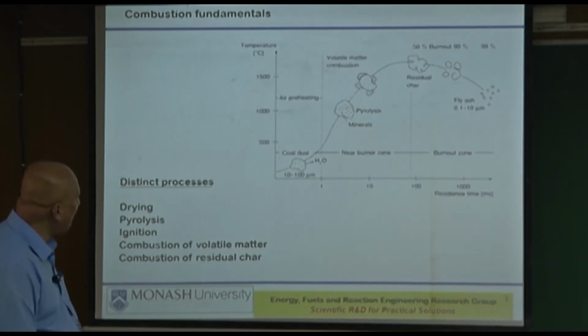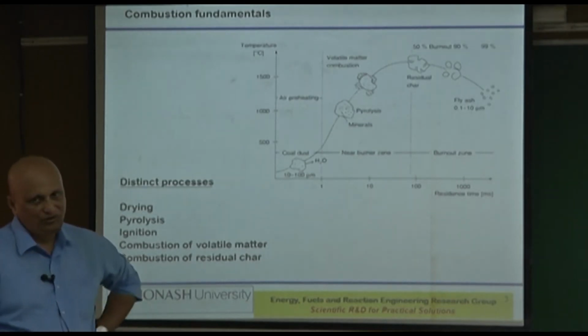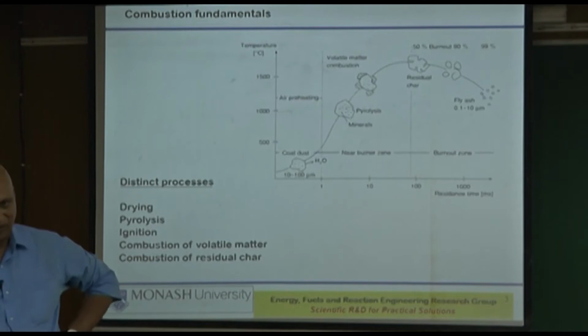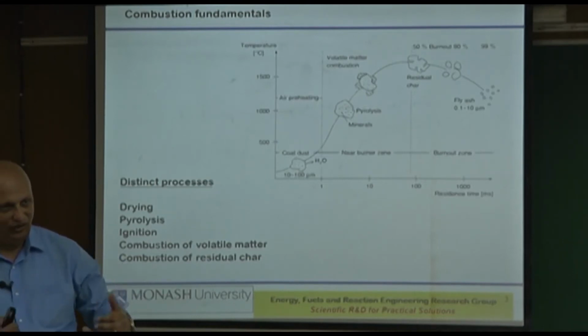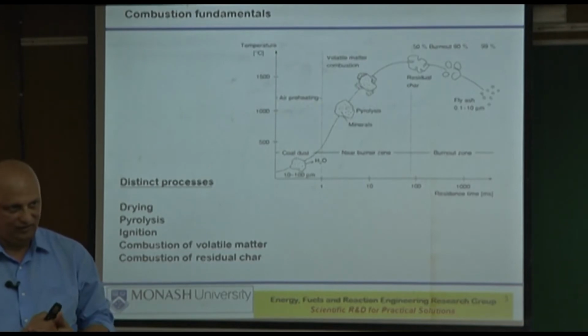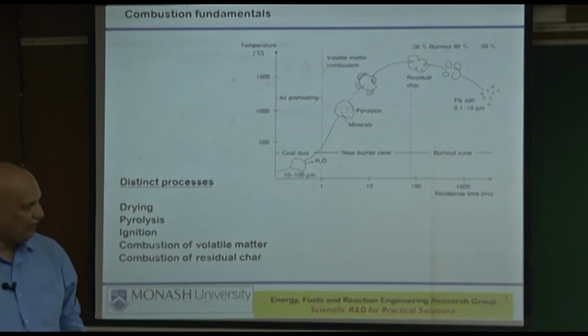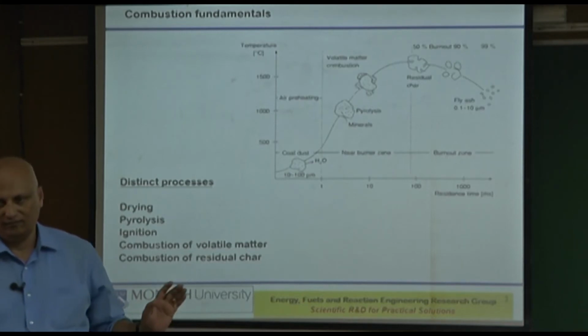Important thing to know from your point of view is that this is fast, and this is what you want to happen near the burnout zone. The hydrodynamics has to be designed by the boiler designer in such a way that everything is elutriated away from the burner immediately after the coal has pyrolyzed.